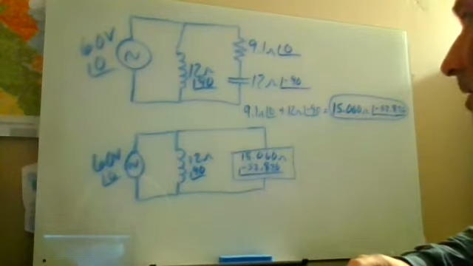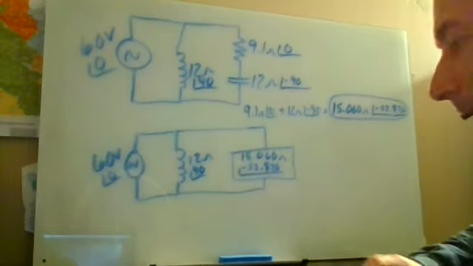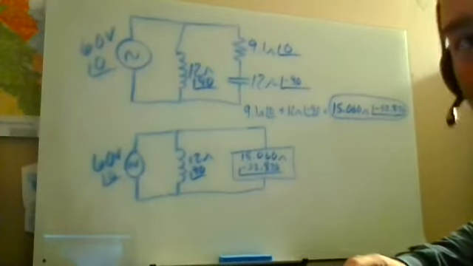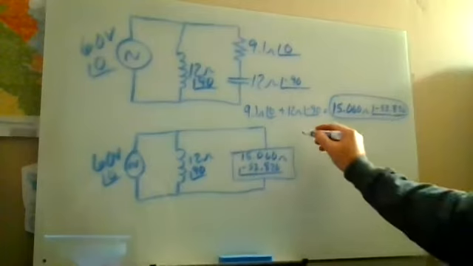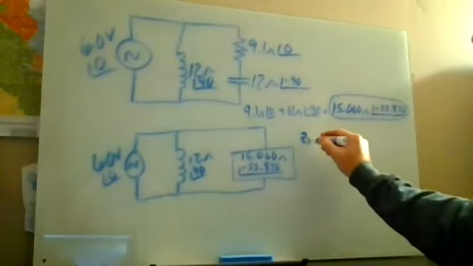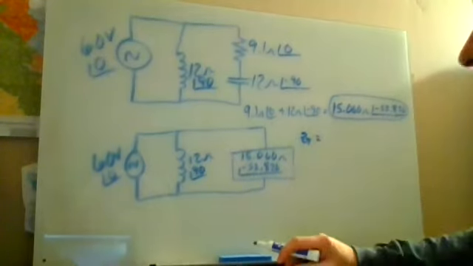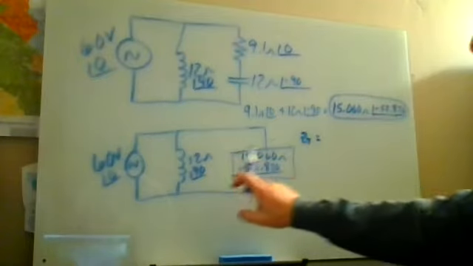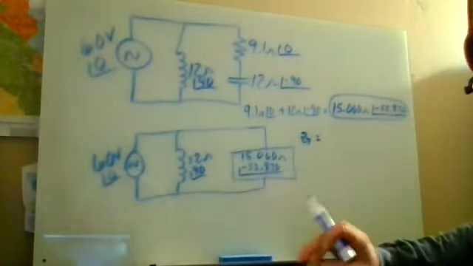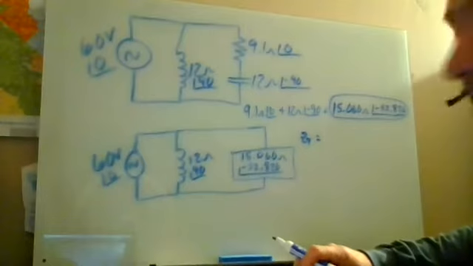Well, what do I have now? Now I have a parallel circuit, so I can solve this. I can get my Z total. How do I do that? Put these both in parentheses before I hit my shift reciprocal, because it's parallel.